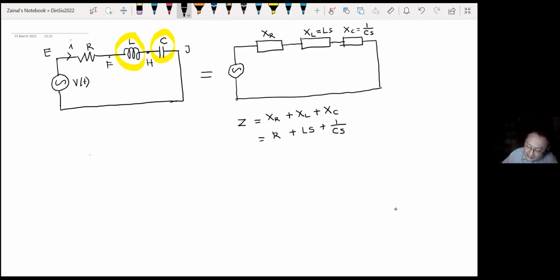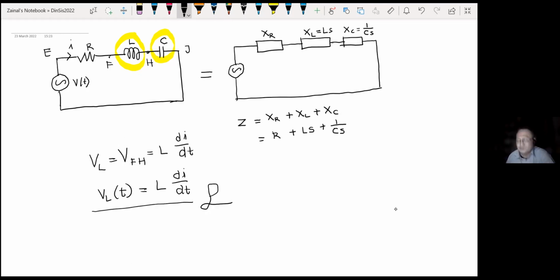You know that the voltage across the inductance is the same with what? With L di over dt, right? So VL as a function of t is L multiplied by di over dt. So you apply the Laplace transform.